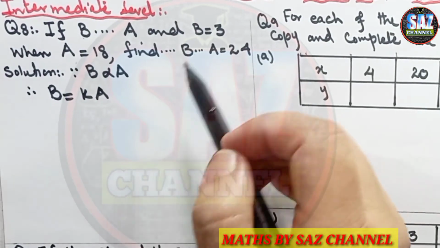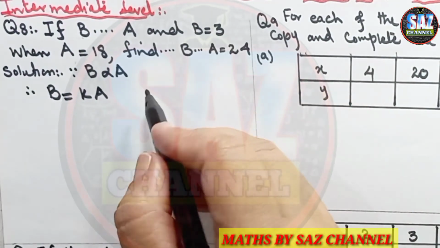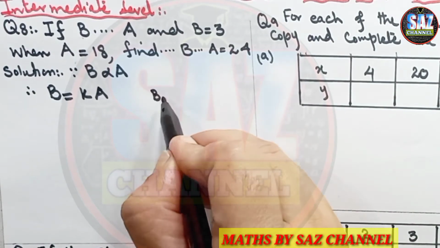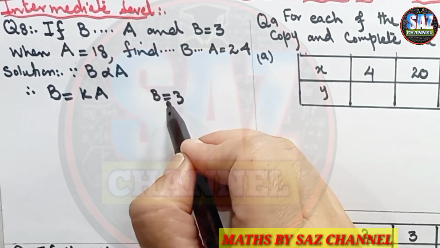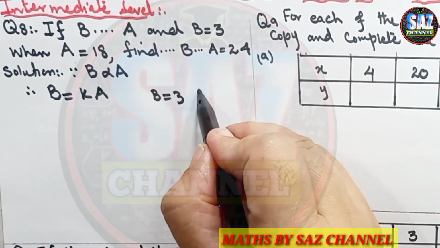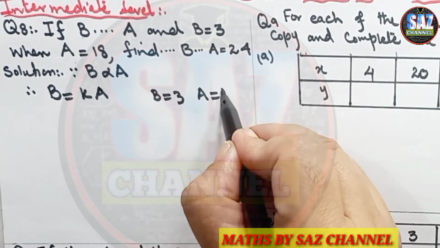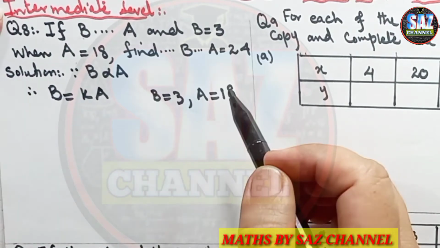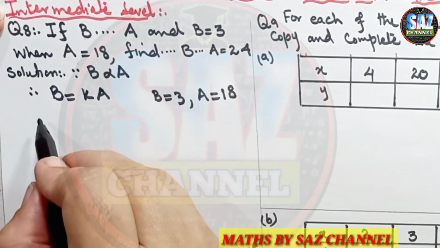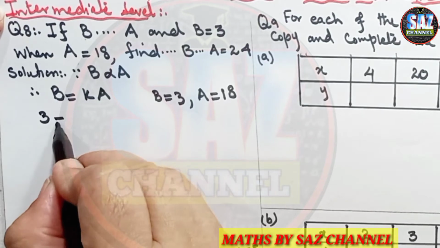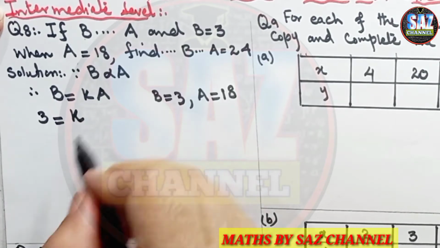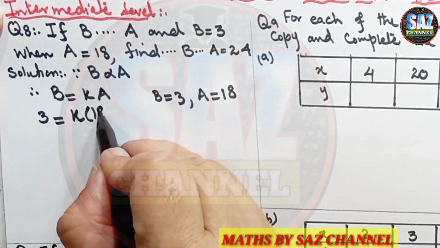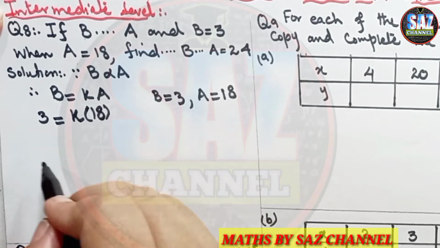Now the given values are B equals 3 when A equals 18. This information will help us in evaluation of this constant of variation. So instead of B, replace 3 equals K times A, which has the value 18. Now shift this 18 to the other side.